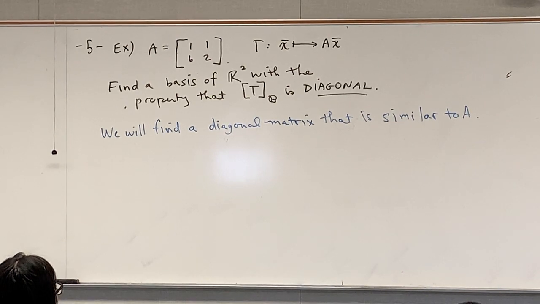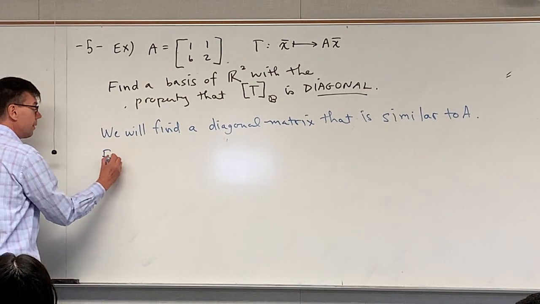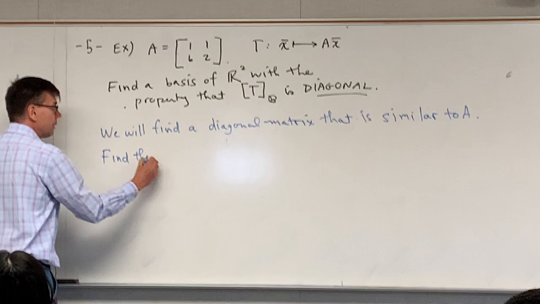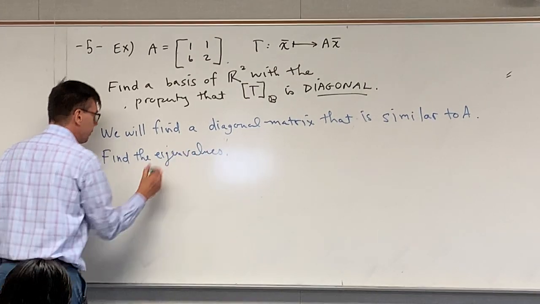And you know how to do it, right? I mean, that's what it means to diagonalize. What do we got to start out with? We need to find the eigenvalues. I think we went through this process.